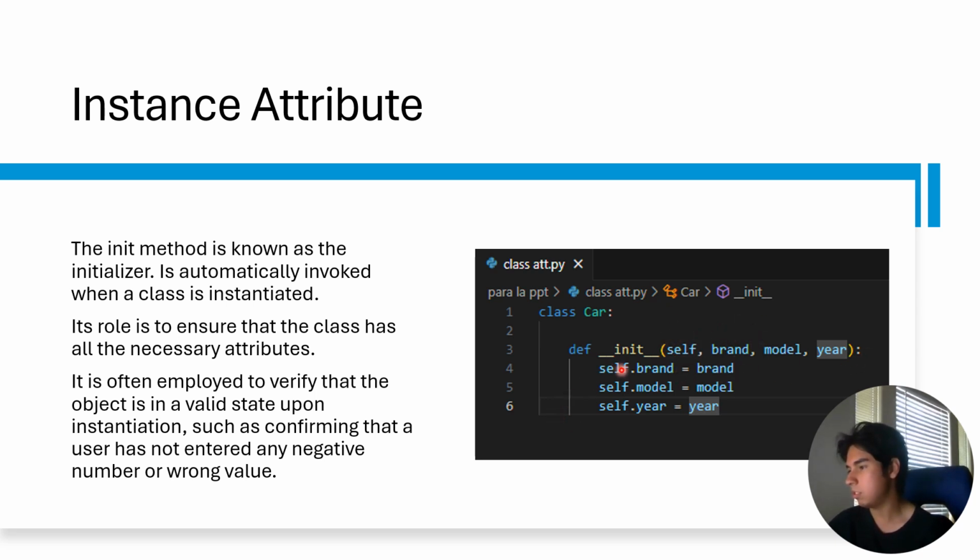Brand, model, year, and again to make it a variable itself, you have to do self.brand equal to brand. You can do b equal to m equal to y here. I think it's going to work. I've seen people doing it. I prefer to do it this way because it's more specific and easier.